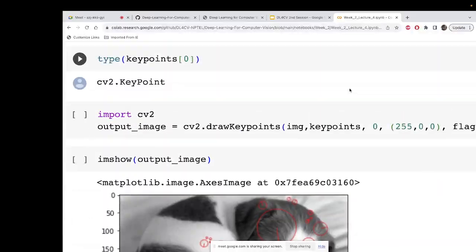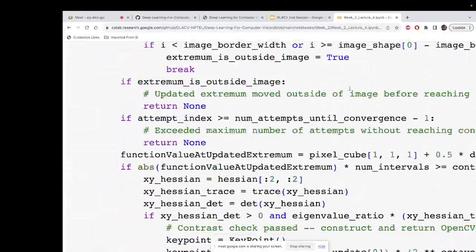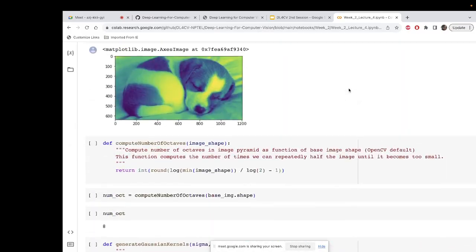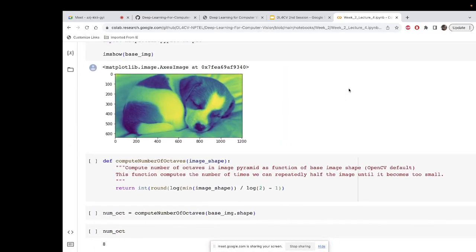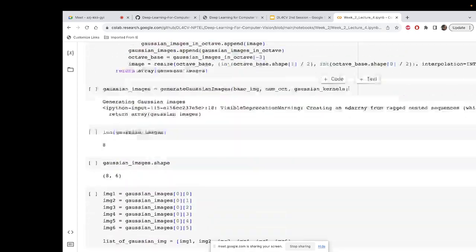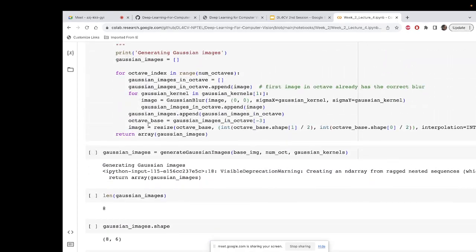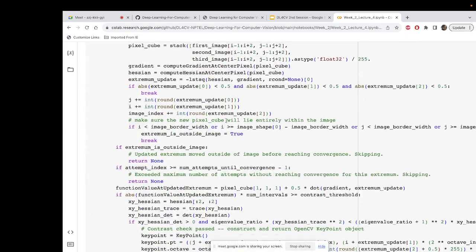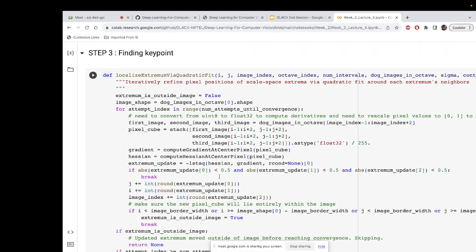Make a copy of this and play around with it, and try to understand the huge amount of code here, so you can understand how difficult and involved this algorithm is. It is not easy to explain all this code. There are so many lines of code involved in running this single algorithm.